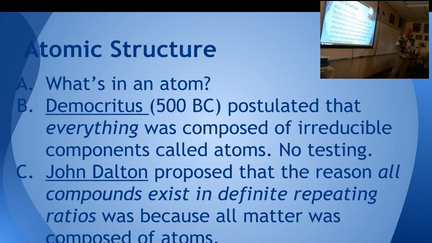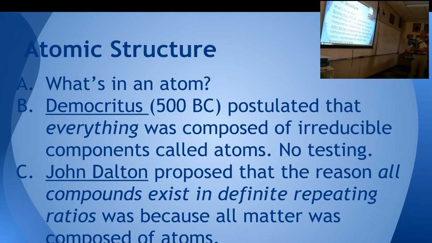And that idea. So a long time ago, people were thinking about this idea for the first time, 500 BC, and a Greek philosopher of science came up with the idea that everything was composed of irreducible components, and he did call them atoms. He's the one that came up with that name, and his name was Democritus.